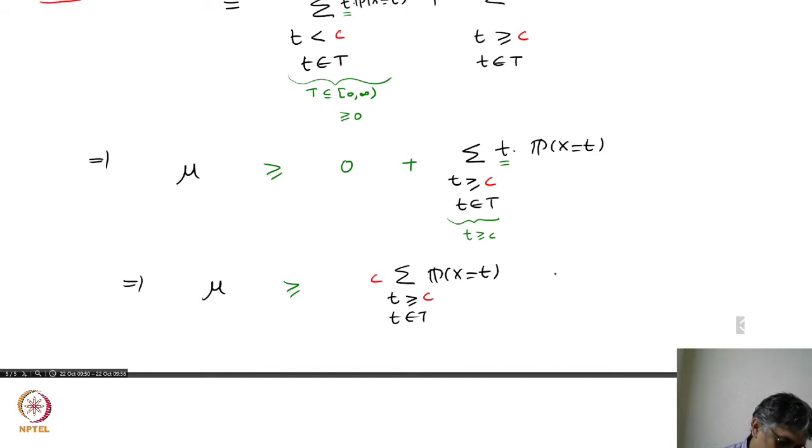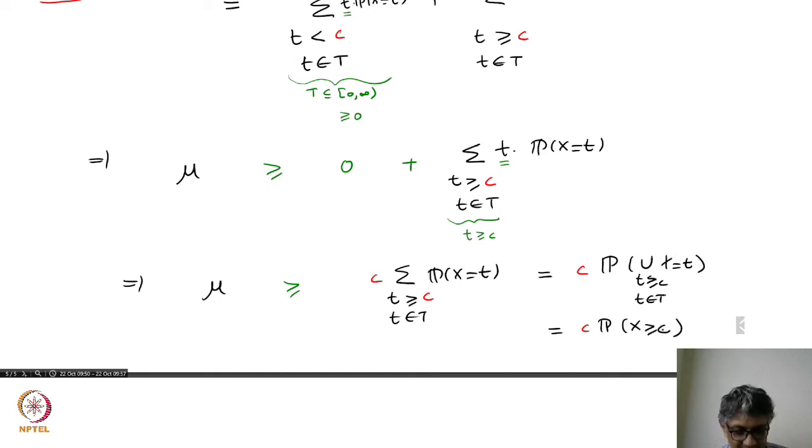So you write this as c times the probability of the union of t bigger than or equal to c, t in T, x equal to t. That's what that is. But that's just the same as c times the probability of x bigger than or equal to c. There's no difference. So that's your result.